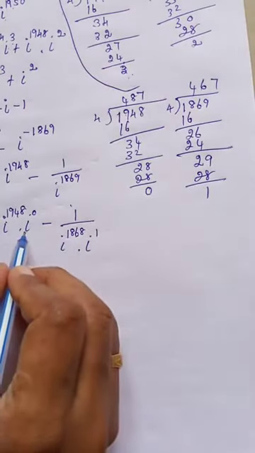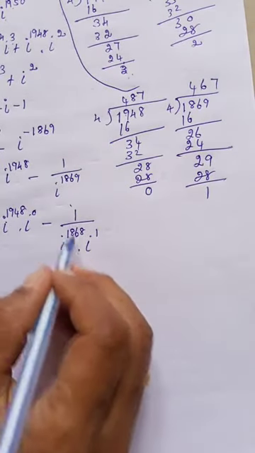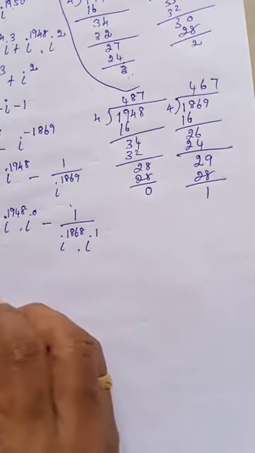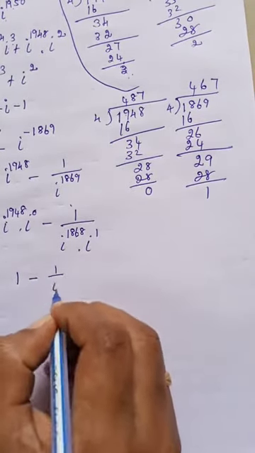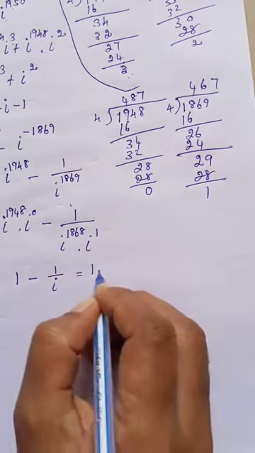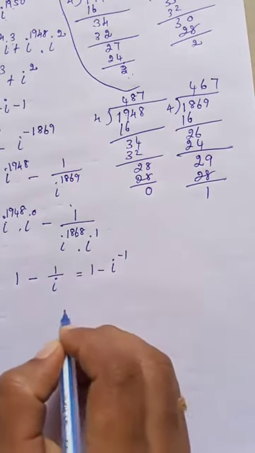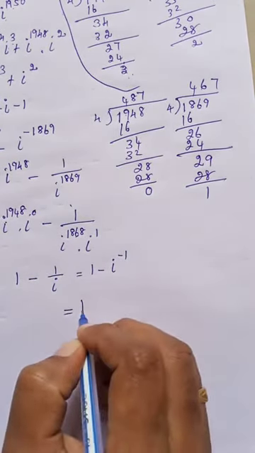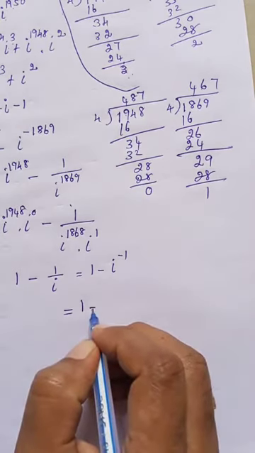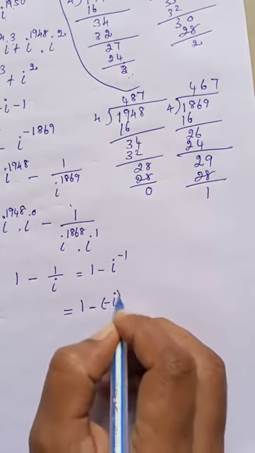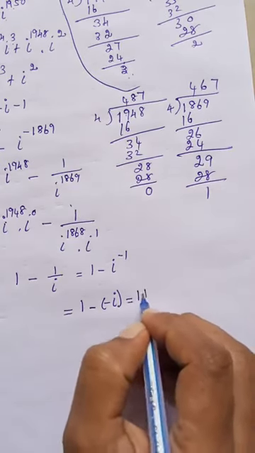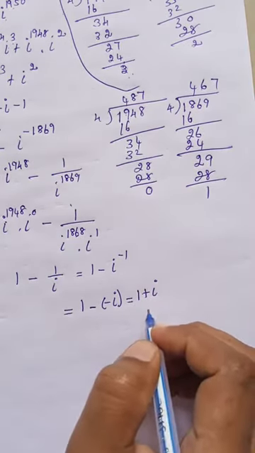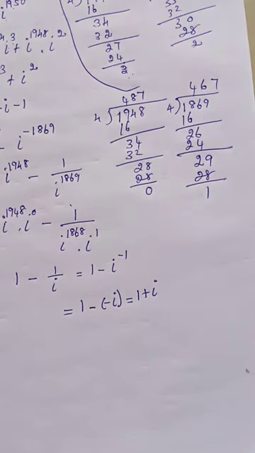Even without writing directly, you can write i power 0, that is 1, minus 1 by i. Or this is 1 minus i power minus 1. I power minus 1, the value we have found out is minus i. So we get 1 plus i. Is that clear? This is 1 plus i.